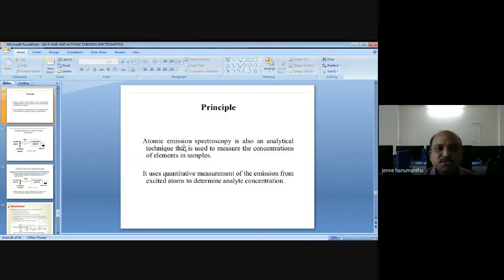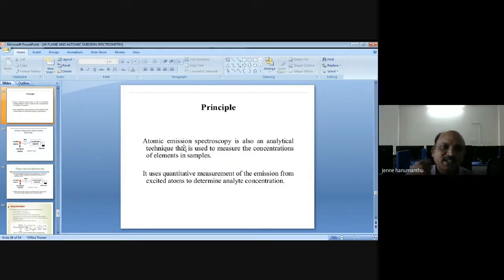The atoms are excited into higher states. When they are excited into higher states from the low state, what happens? In the higher energy states, they are unstable. So immediately the atoms in the high energy states will simply come to the low energy states by releasing some photons.